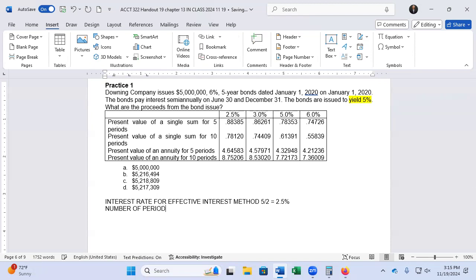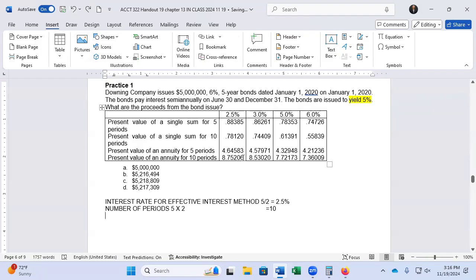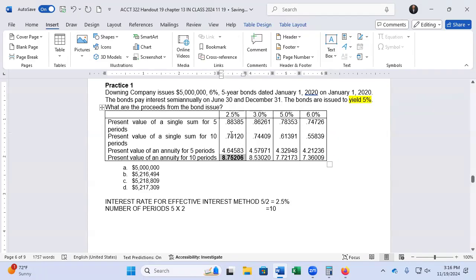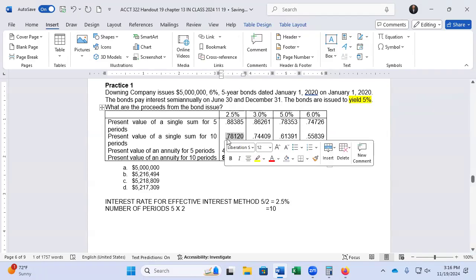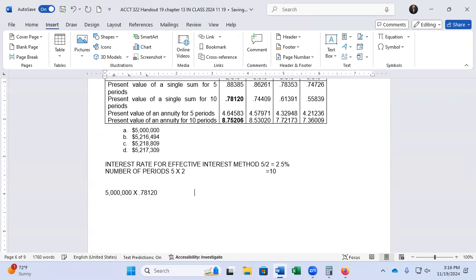Number of periods, 5 times 2, and so that's 10. So we're going to need the present value of an annuity for the interest payments, and we're going to need the lump sum payment for 71,820. So our face value, 5 million, we're multiplying that by 0.78120. And we get 3,906,000.